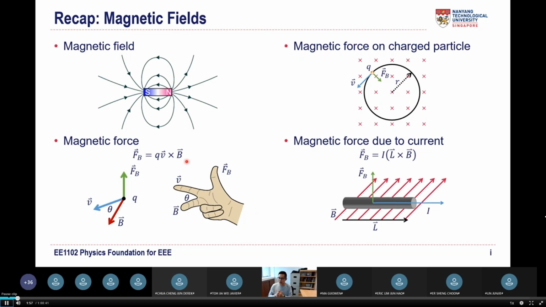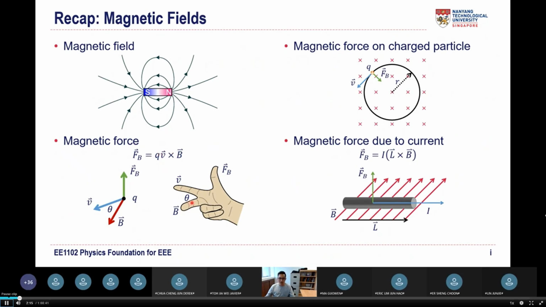They will all act normal to each other. So you can use your right hand rule to figure out which direction the force is going to act.